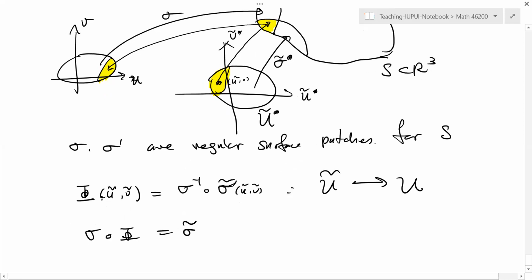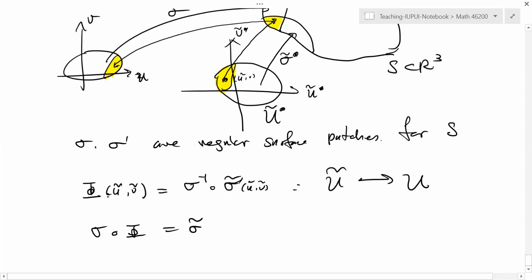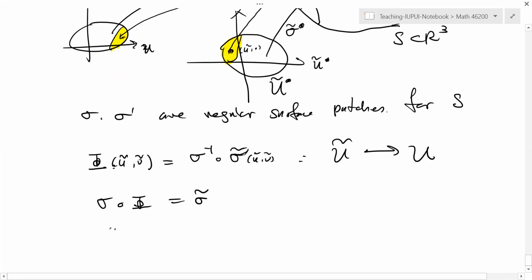You can also reverse this procedure. What is this? Phi, and its inverse.